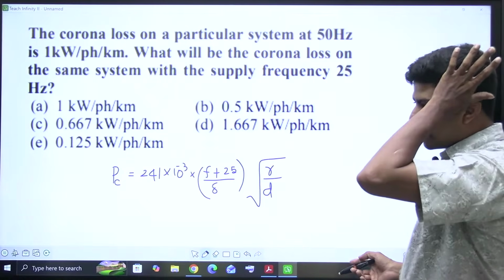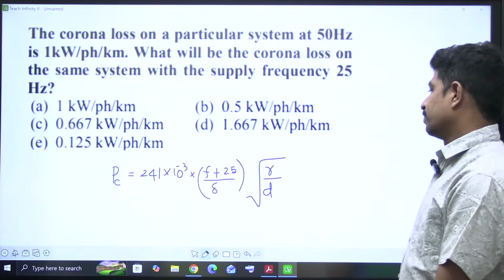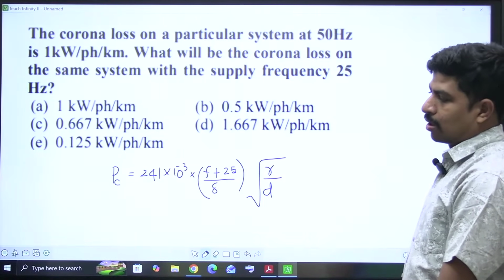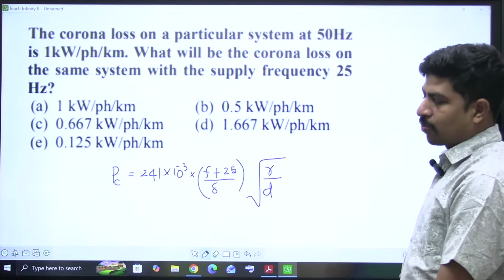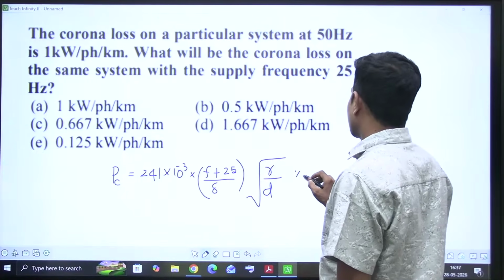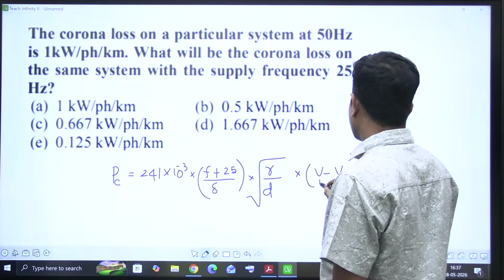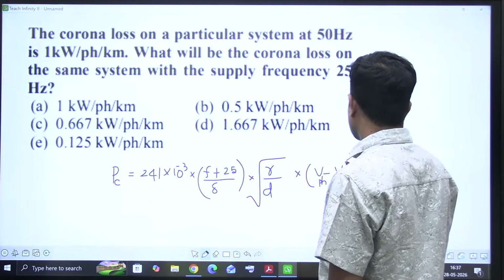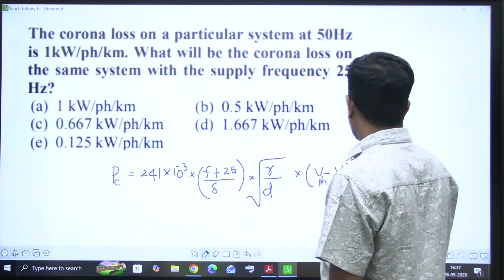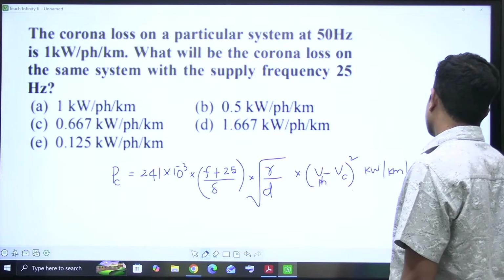People will get confused. Sir, r is the radius, d is the diameter? Radius by diameter will be 1 by 2, under root of 1 by 2, that will be 0.707. No. R is the radius, d is the distance, into (V minus VC) whole square, where V is the phase voltage, in kilowatt per kilometer per phase.